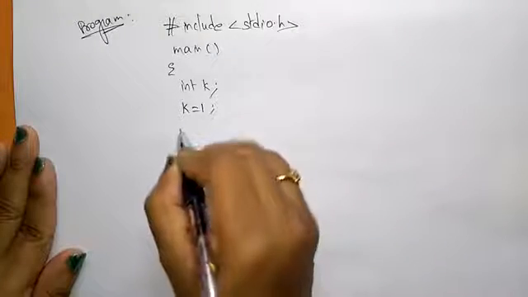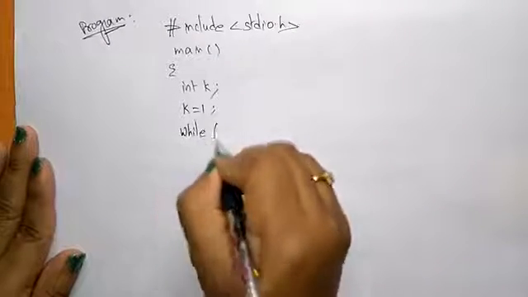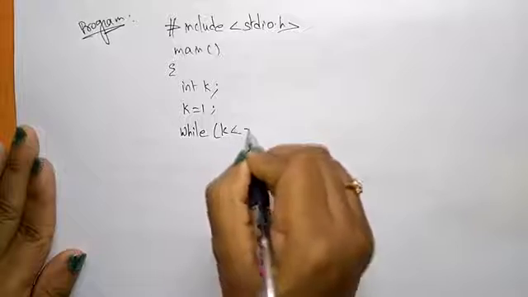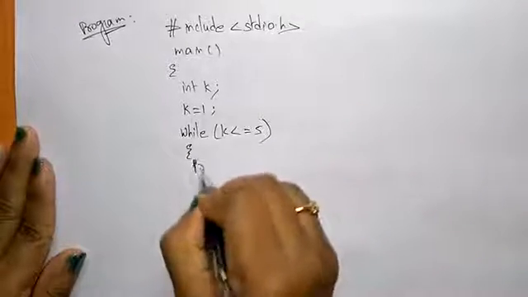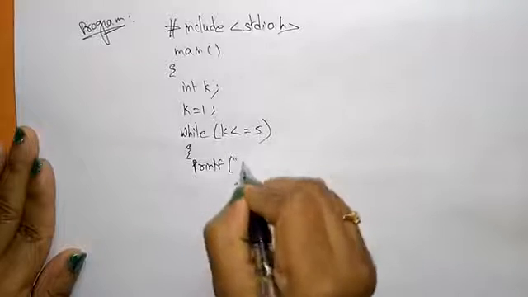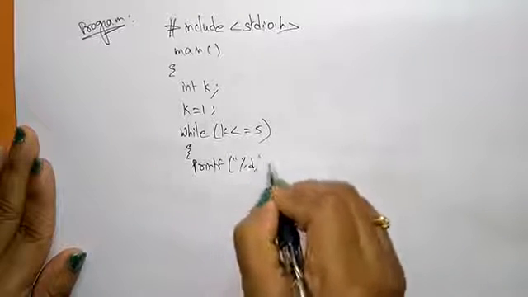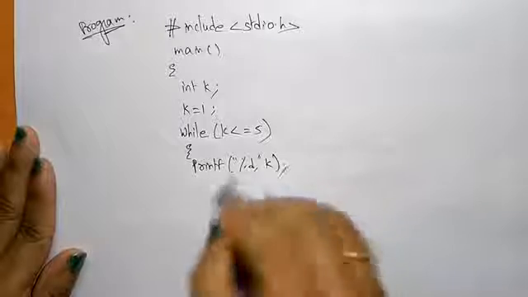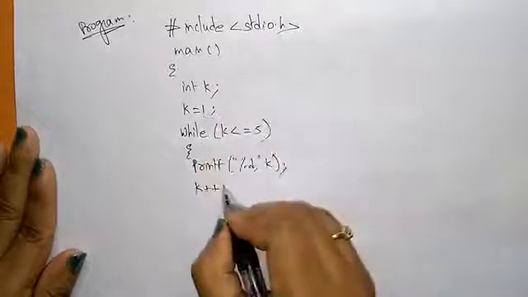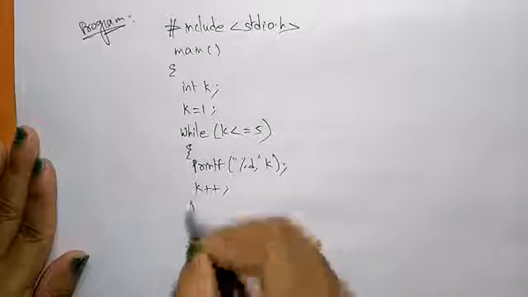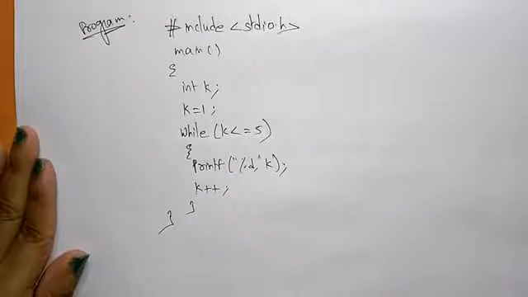Now check the condition: while k <= 5, then it enters into the loop, printf("%ld", k). Now you have to increment the value. First it is 1, after that it is incremented to 2, like that. Close the while loop, close the main program.